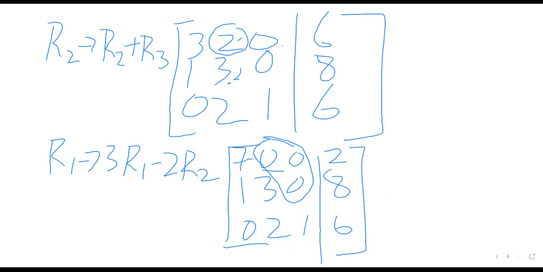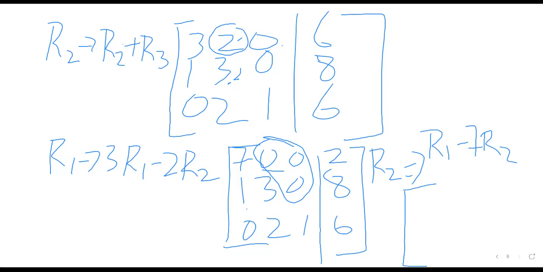So I can say I'm working on row 2, and then it should be row 1 minus 7 row 2, because I want to change here. So unless I get 7 to subtract from 7 before I can get the 0. So let me quickly do that.